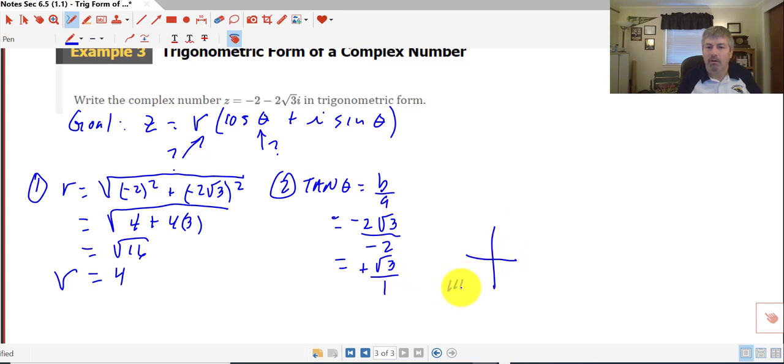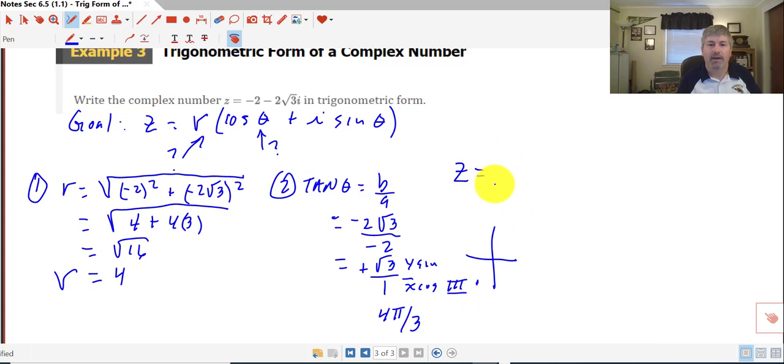So we are actually going to be working down here. This is our y and our x, or our sine and our cosine. Where is sine the square root of 3 and where is cosine 1? Well, that occurs at 4 pi over 3. They're both negative there in the third quadrant.